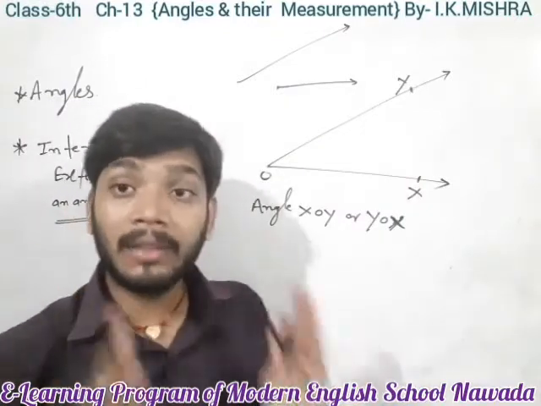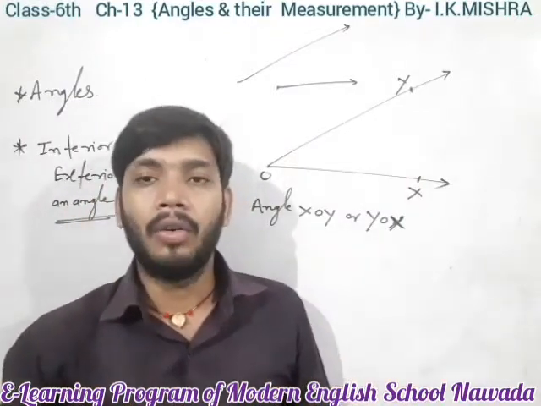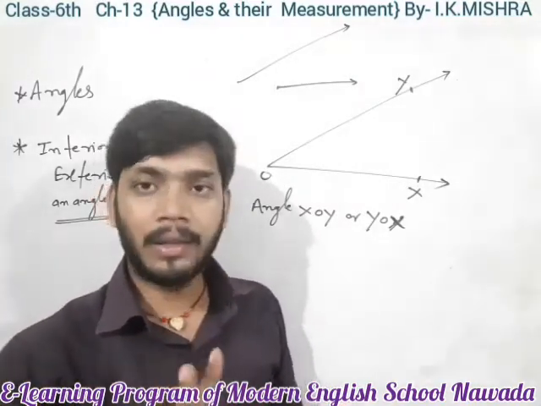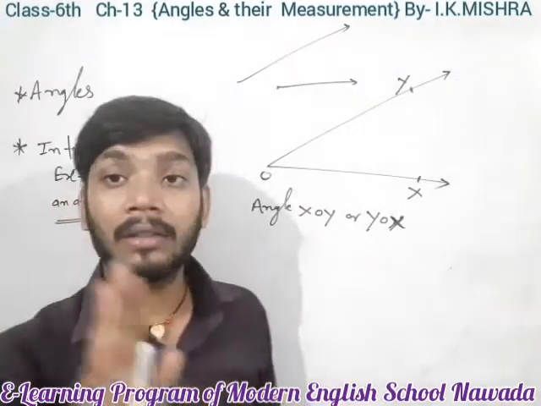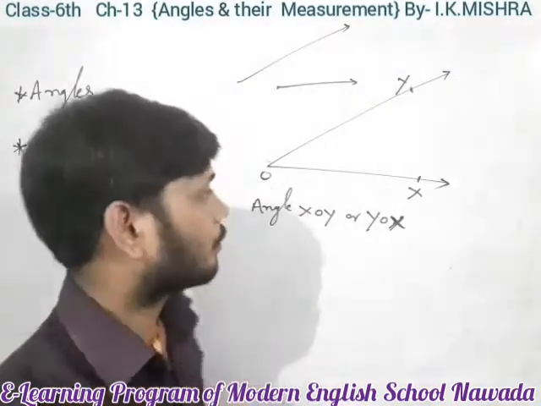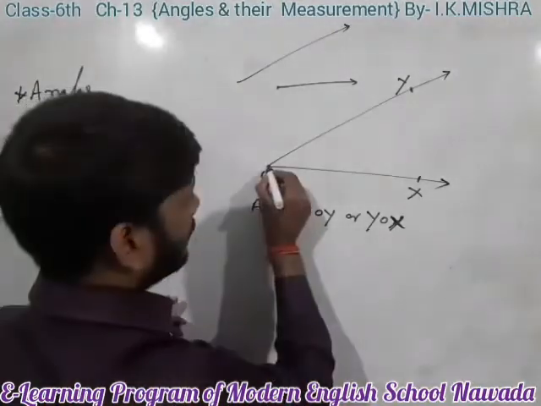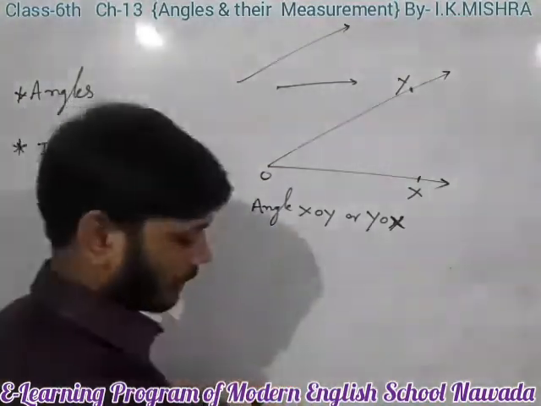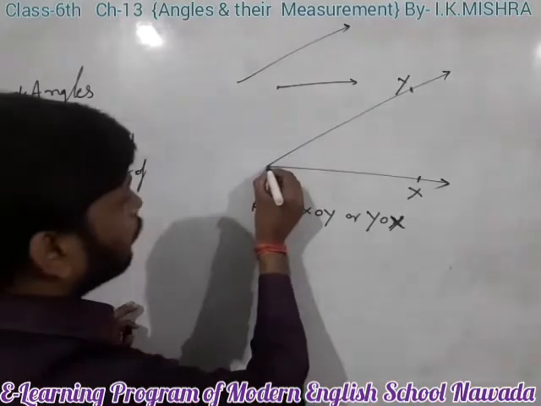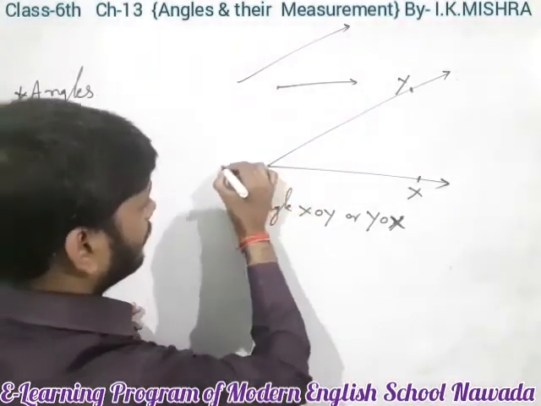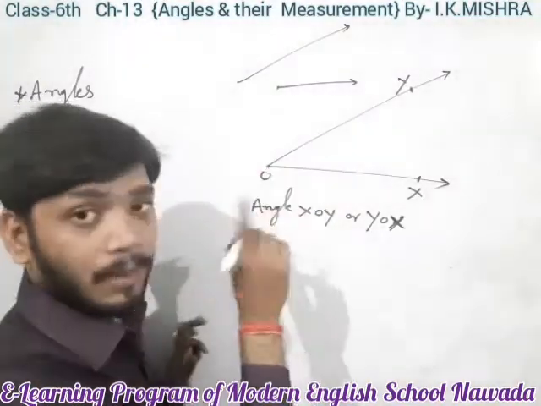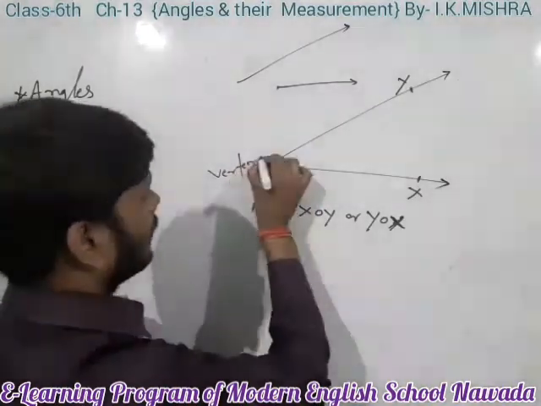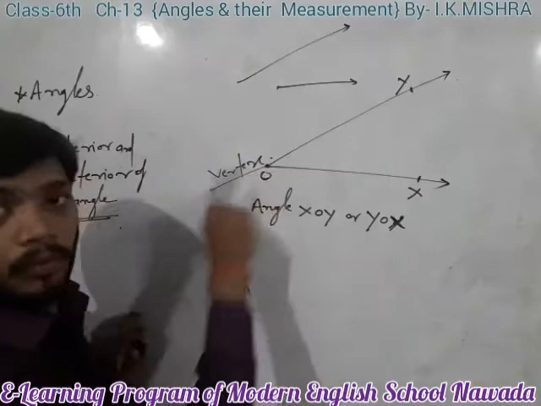Students, for writing the name of an angle, understand that in an angle there are parts. This common initial point is known as the vertex.